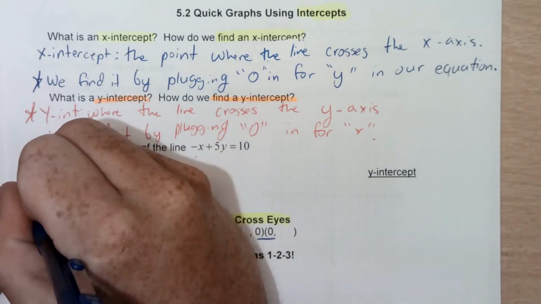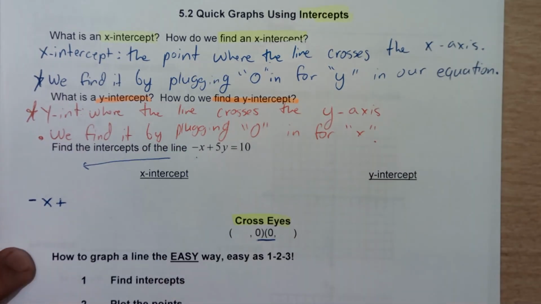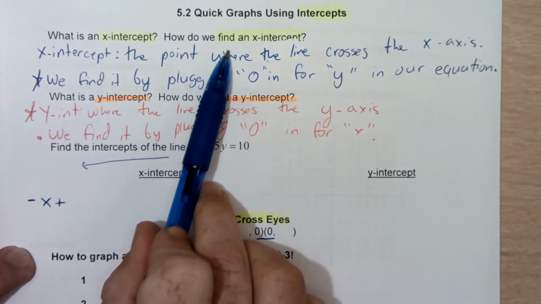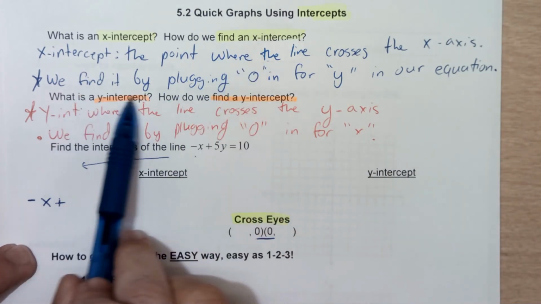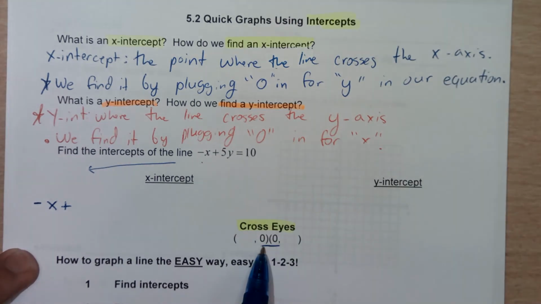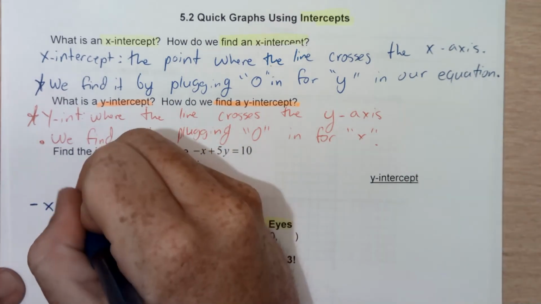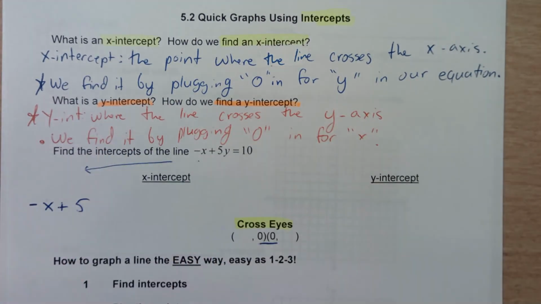So I'm going to do negative x and then plus, and like I said before, when we are finding an x-intercept, we plug in a 0 for y. Okay, so we have our y is 0 down here. That also tells us that we need to plug in a 0 for y. So we're going to do plus, and then we're going to do 5. And then instead of y, that is where I'm going to plug in 0.